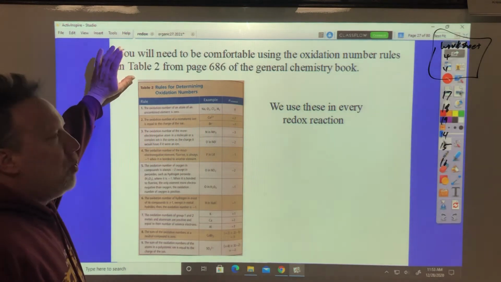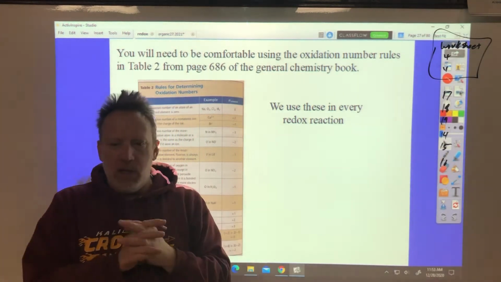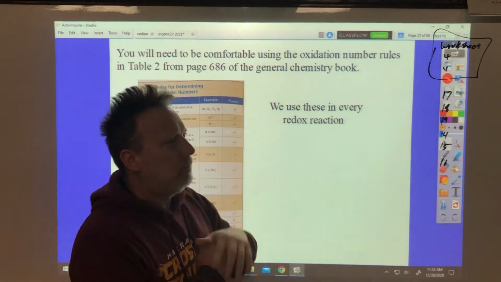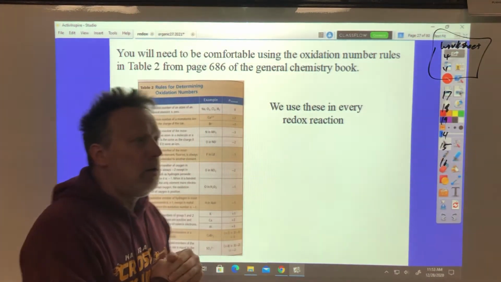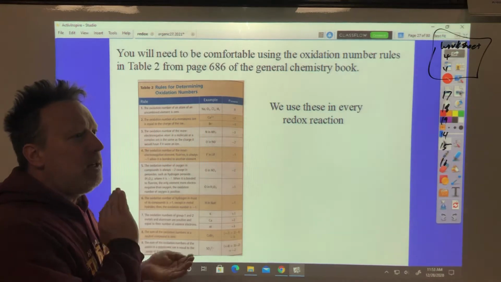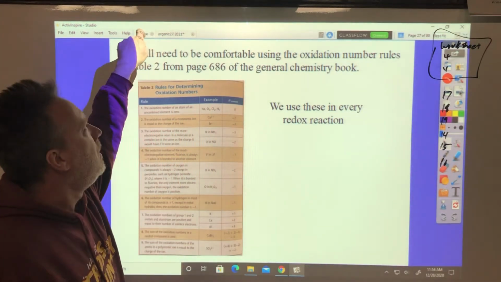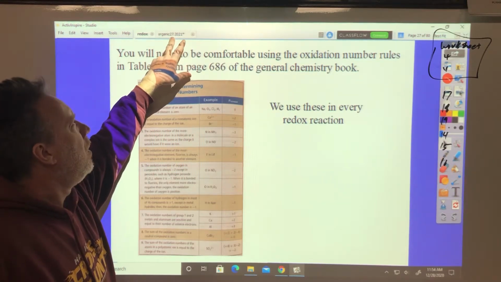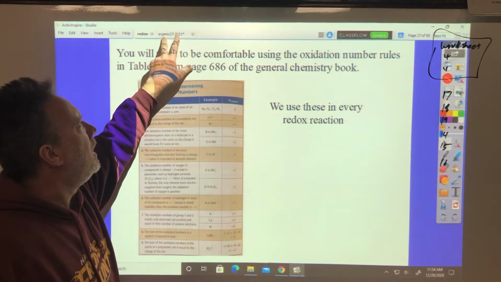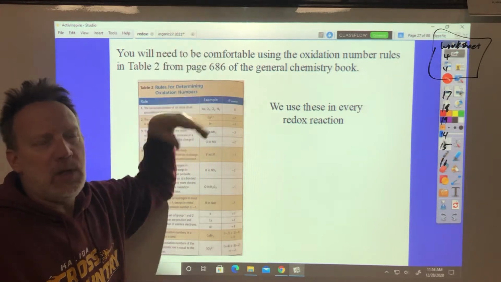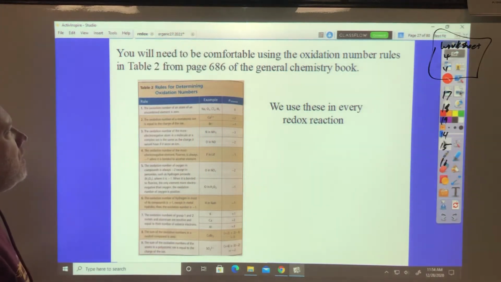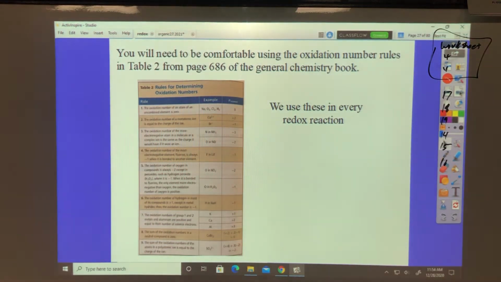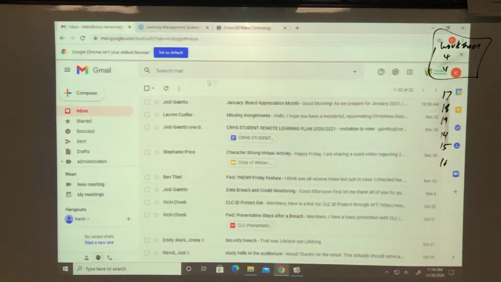And to do this, we're going to be in the general chemistry textbook through the remainder of this flip chart, redox, which will go in your Schoology weekly notes as redox, sandwiched probably between Organic 2.6 2021 and Organic 2.7.2021.